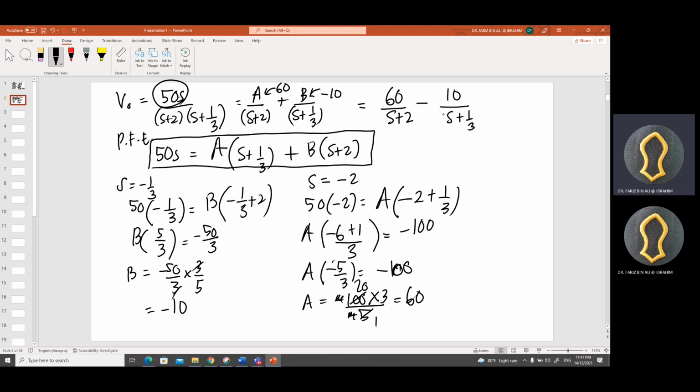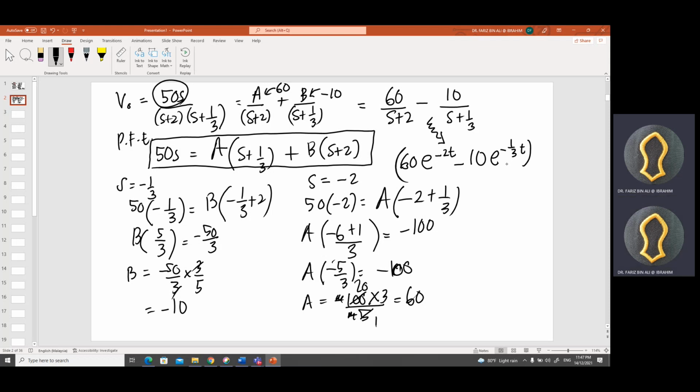So can you refer to the Laplace table, inversion, back to time domain? I think you can refer to the table, and this in time domain is going to be 60 exponential minus 2t, minus 10 exponential minus 1 over 3 t, u(t).